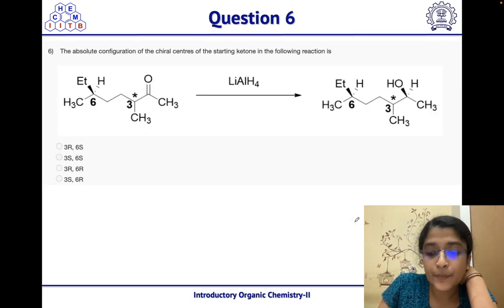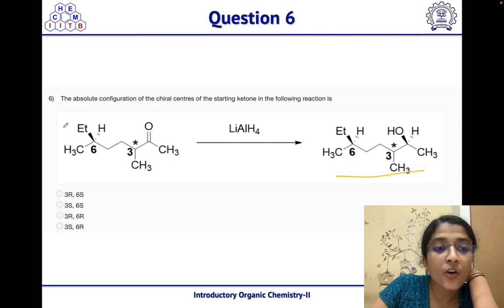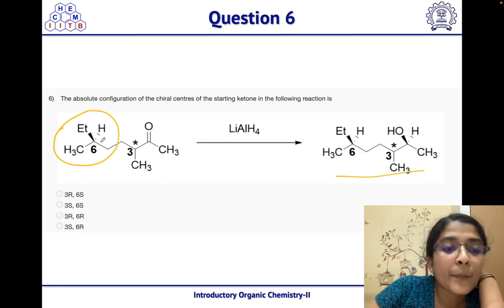Like in this example also we can consider this as R group, and we can try to find out the right option. Here they have already given the chiral center and the configurations, so we can find the R and S configuration at this center 6.